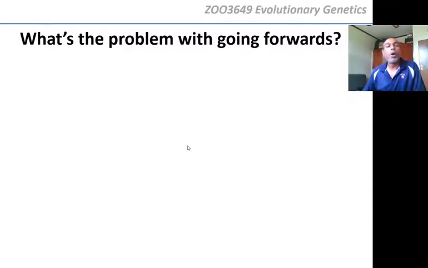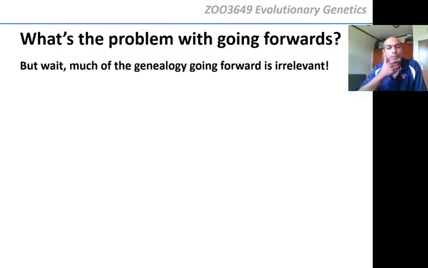Okay, so what's the problem with the Wright-Fisher population? What's the problem with modeling something going forwards? Okay, what is the problem? The problem is that if you do that, then much of the genealogy in the forward direction is not relevant. Why? Because not all the individuals in this generation will have kids, right?